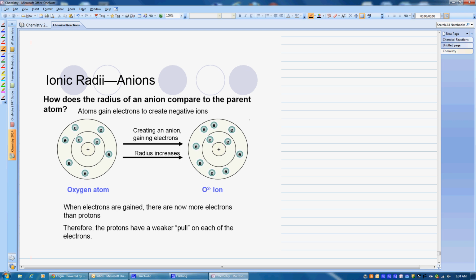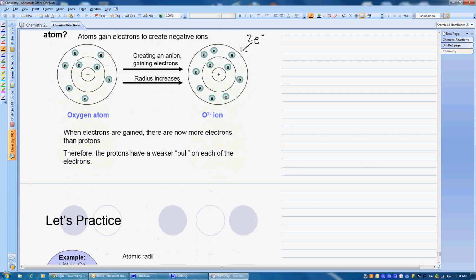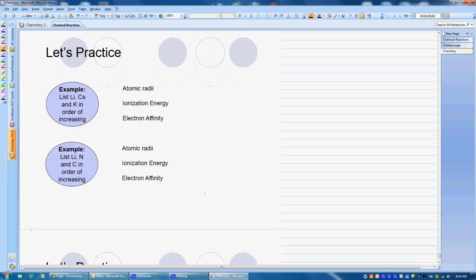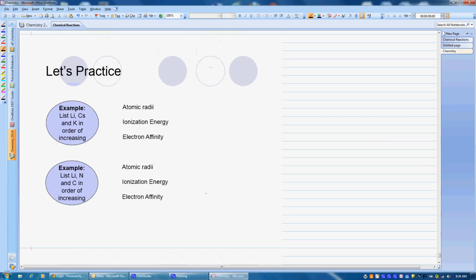Here we've gained 2 electrons, because we have a -2 charge here. So when we gain electrons, the radius gets bigger with a negative ion. So go ahead and go through, write your answers for this, and then we'll go to the next slide, and then you can check your answers.